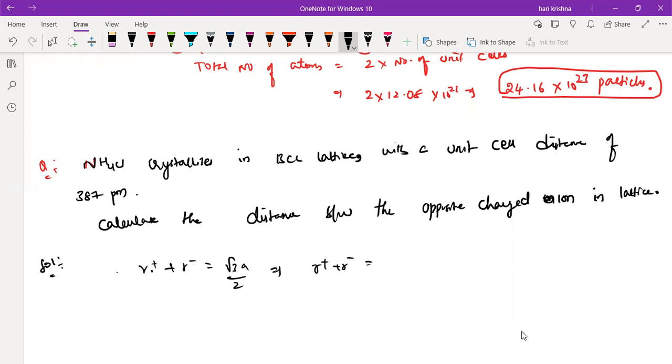So r plus plus r minus equal to root 3 by 2 into 387. What is the final answer?